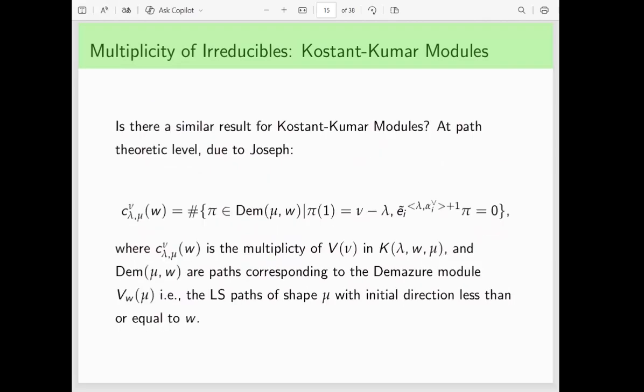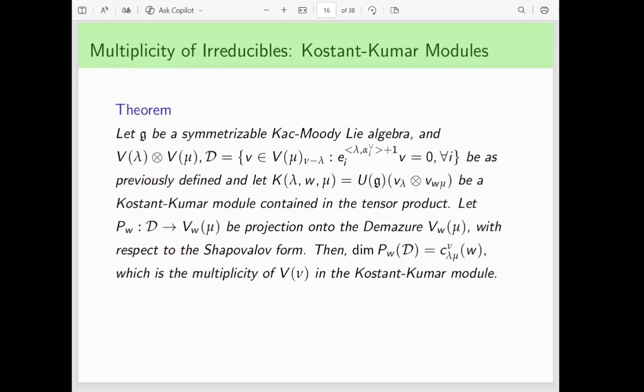So if you look at the result from Joseph, it kind of suggests that since they're taking paths from the de Maizière crystal, maybe we should just take vectors from the de Maizière module, which are of the appropriate weight and killed by the appropriate power of E_i. But that space turns out to not have the correct multiplicity. So instead of taking the intersection of D with the de Maizière module, what you have to do is project the space D onto the de Maizière module.